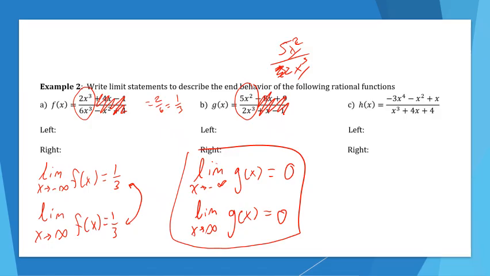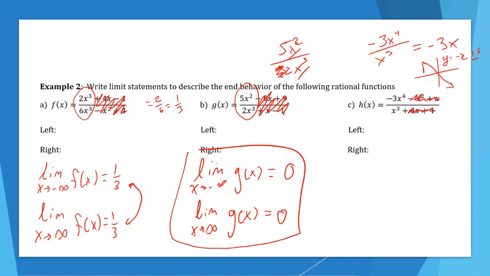And that is our end behavior there. The final one, drop any terms that's not our leading term, and we have negative 3x to the 4th over x cubed. We want to simplify this as much as possible, so this just is negative 3x, and the end behavior is going to be very similar to y equals negative x from lesson 1.6.